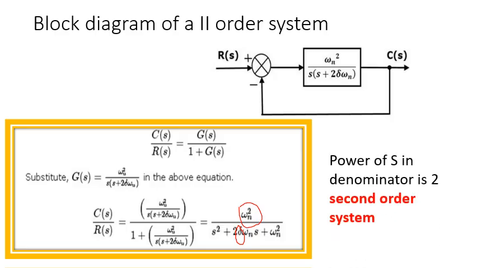Now you can understand that the power of s in the denominator is equal to 2, and hence this is a second order system. So what we are going to do now is perform the time domain analysis for a second order system.